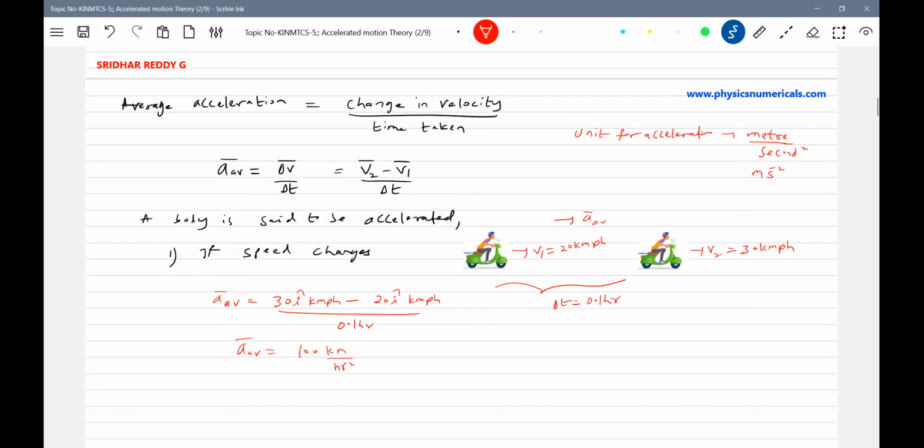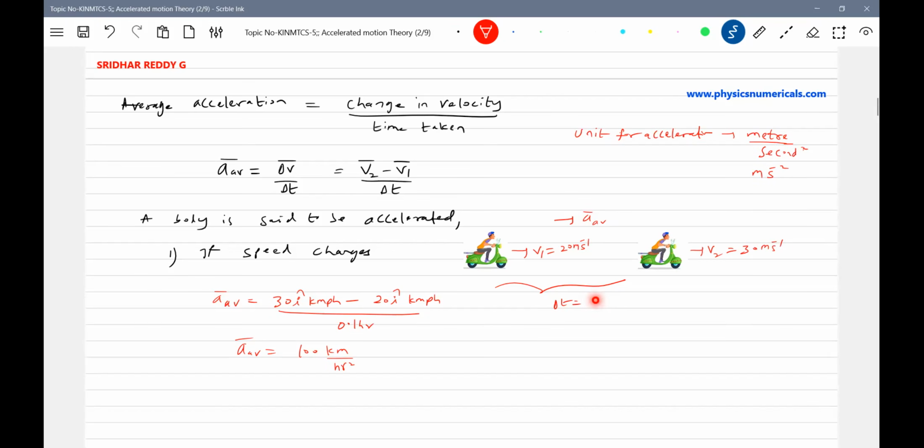Or we do write it like this. I'm expressing in terms of kilometers, or if you want, you can convert it. Or instead of 20 kilometer per hour, you write 20 kilometer per second. It will be much easier for you. I'm finding hours difficult. Okay, change this, it's left to you.